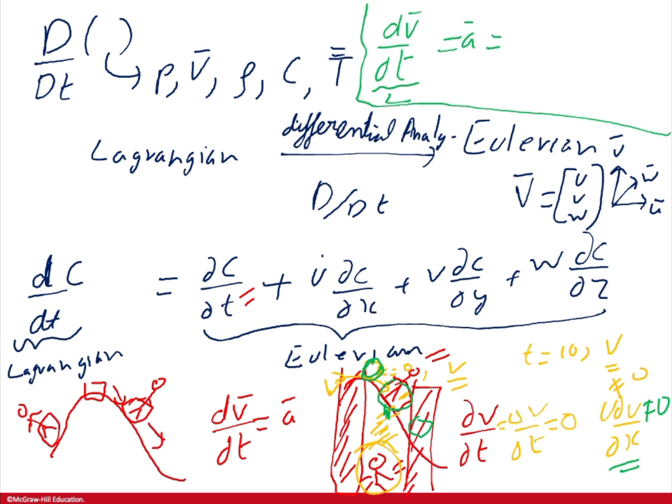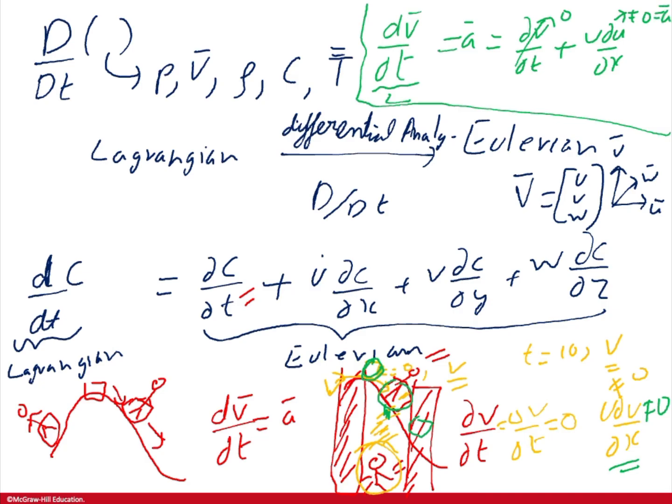In the Eulerian frame of reference, ∂v/∂t was 0, but the spatial acceleration u du/dx was not equal to 0, and you'll end up finding that this will be equal to a.